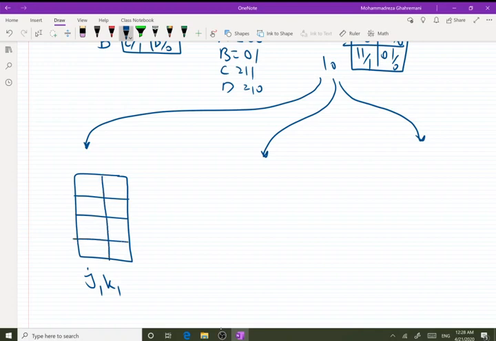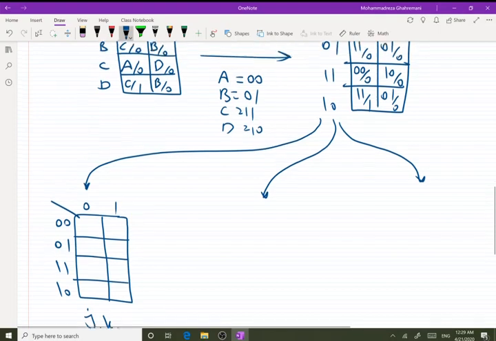So J1 K1 is 0 1 0 0 0 1 1 1 1 0. Based on the excitation table for the JK flip-flop, we can fill this table.